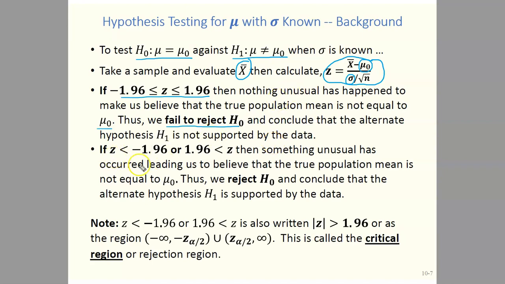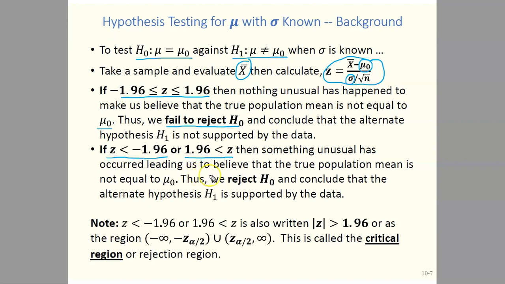Now, if your test statistic is smaller than negative 1.96 or larger than positive 1.96, then something unusual has happened, because if the population mean really is mu naught, then this would only have a 5% chance of occurring.